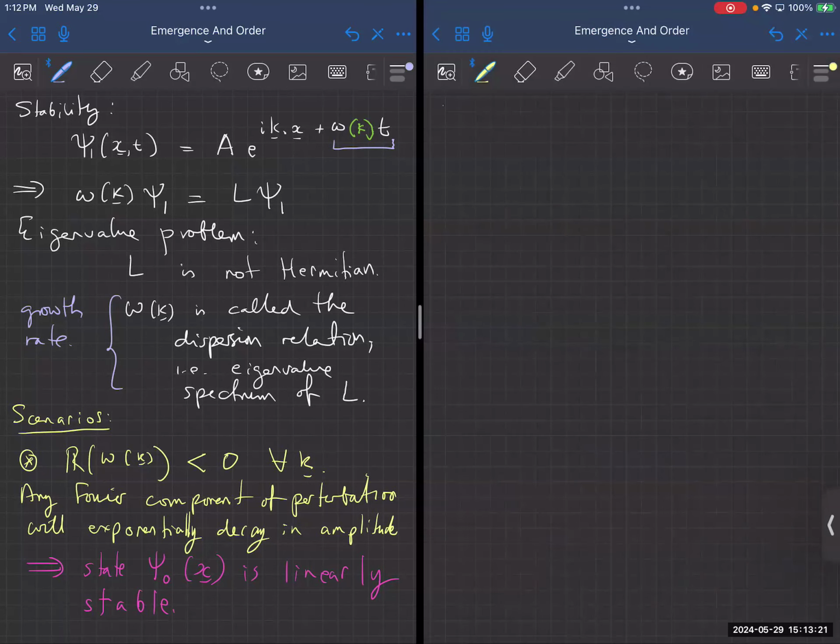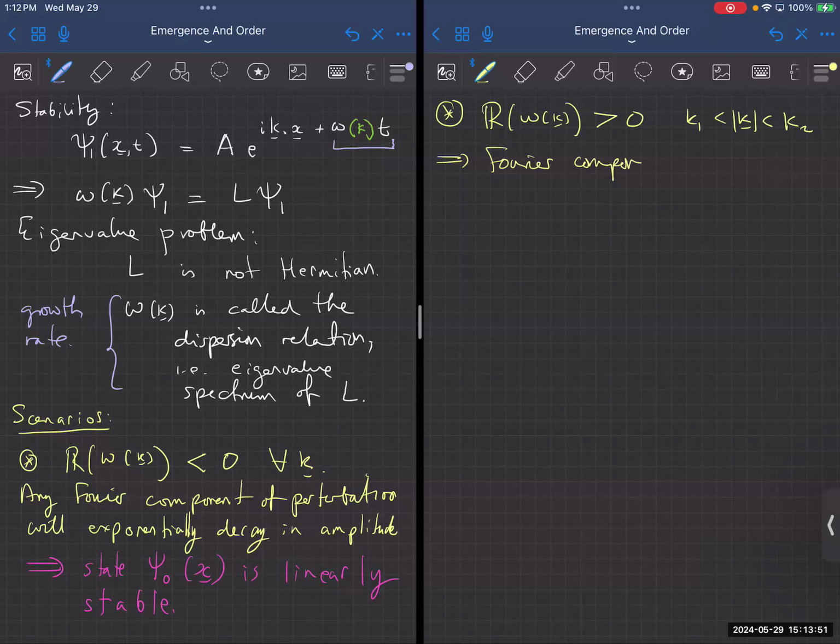So that's the first scenario. Okay. There's a second scenario that can happen. So what may happen is that the real part of omega of k may be greater than 0 in some band of wave vectors. Let me write it as something like this. So what that means is that in this case, Fourier components in this band will grow exponentially.